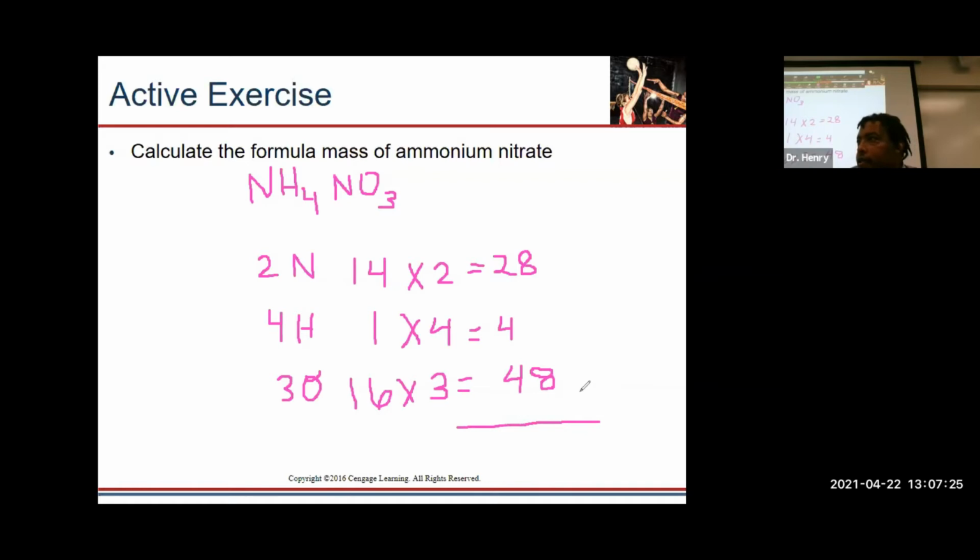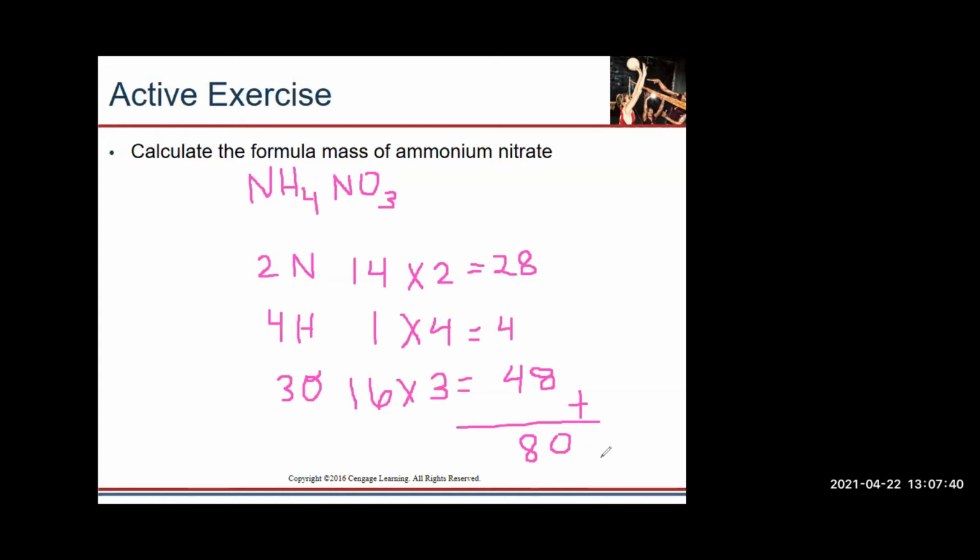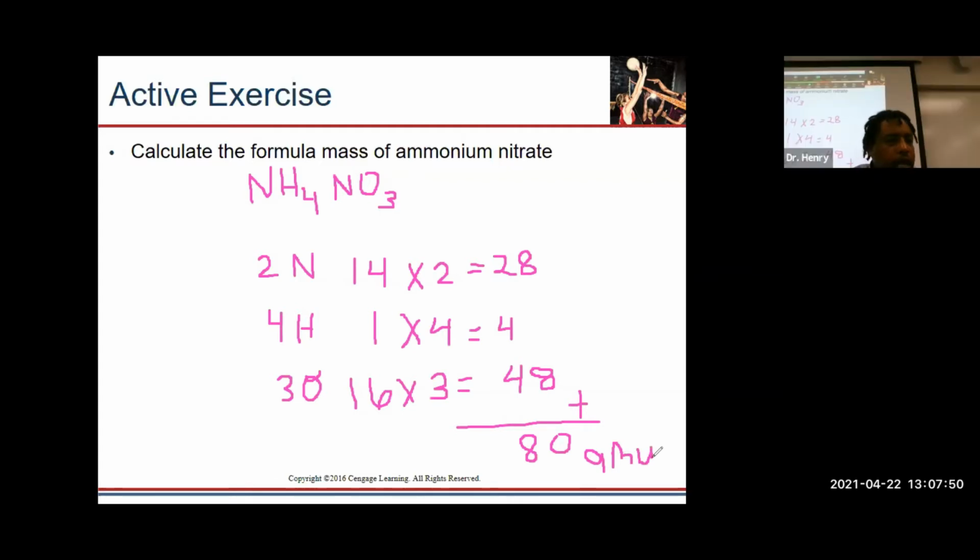So we add it together. That's 80. What units? AMU. Piece of cake.